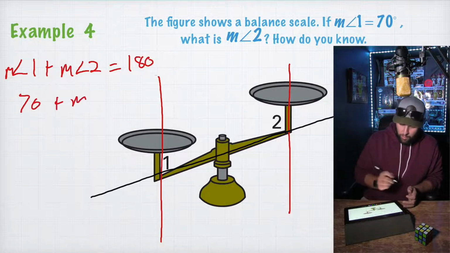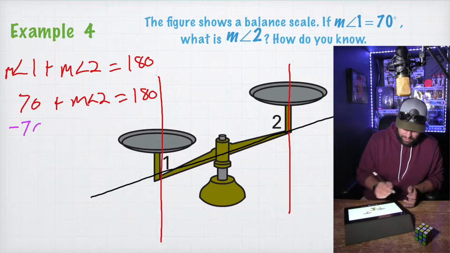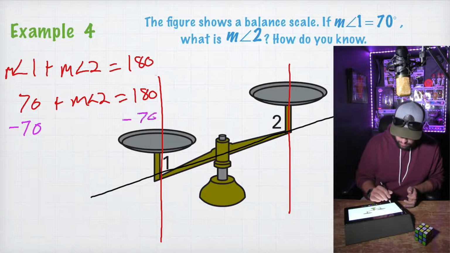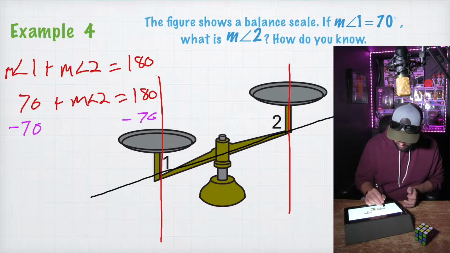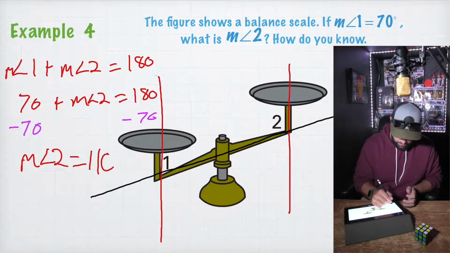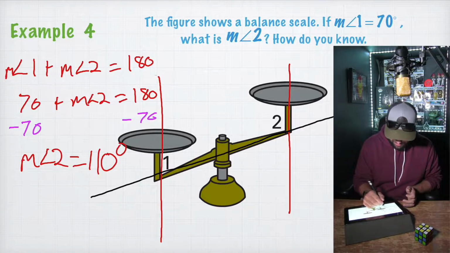The measure of angle 1 is 70, plus the measure of angle 2 equals 180. We can subtract 70 from each side, and then the measure of angle 2 equals 110 degrees.